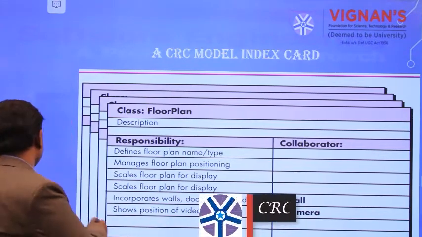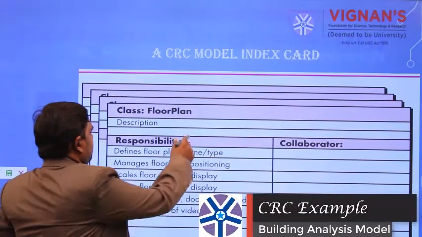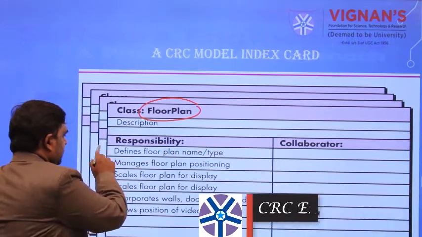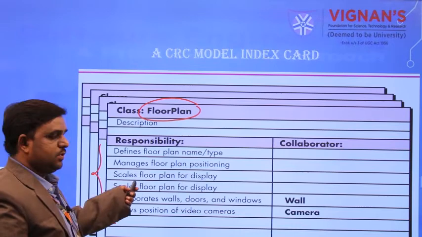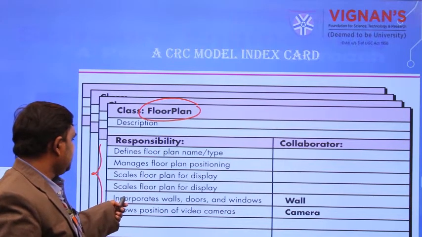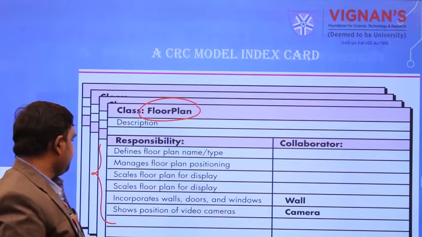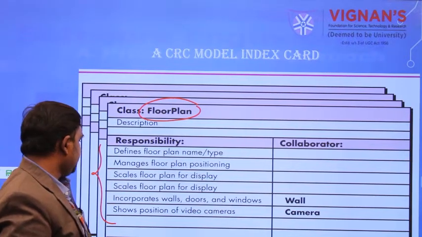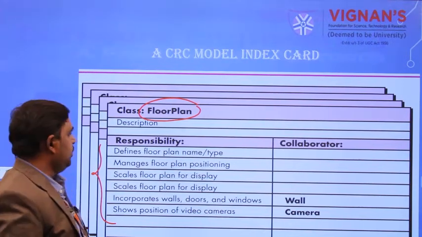In this example, FloorPlan is the name of the class, and there are different responsibilities, like define the floor plan, manage floor plan position and scale, scale the floor plan for display, incorporate walls, doors and windows, and show the positions of the video cameras.